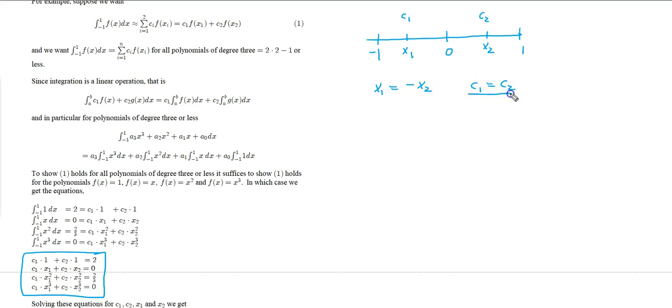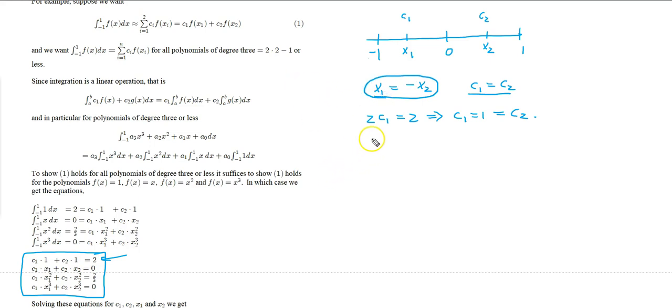If we make this assumption and substitute it into the first equation down here, we get that 2c1 equals 2, so c1 equals 1, and that's also equal to c2. So it seems like c1 and c2 should be 1, but let's verify that we can solve the other equations for the x's.